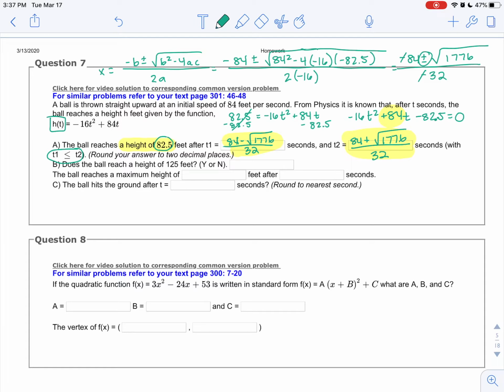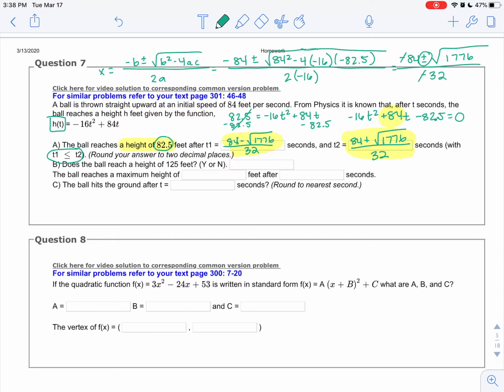Okay, so then it's asking, does the ball reach a height of 125 feet? What we just solved for is the ball reaching a height of 82.5 feet, and yes, it does seem to reach that point, but does it reach 125 feet?